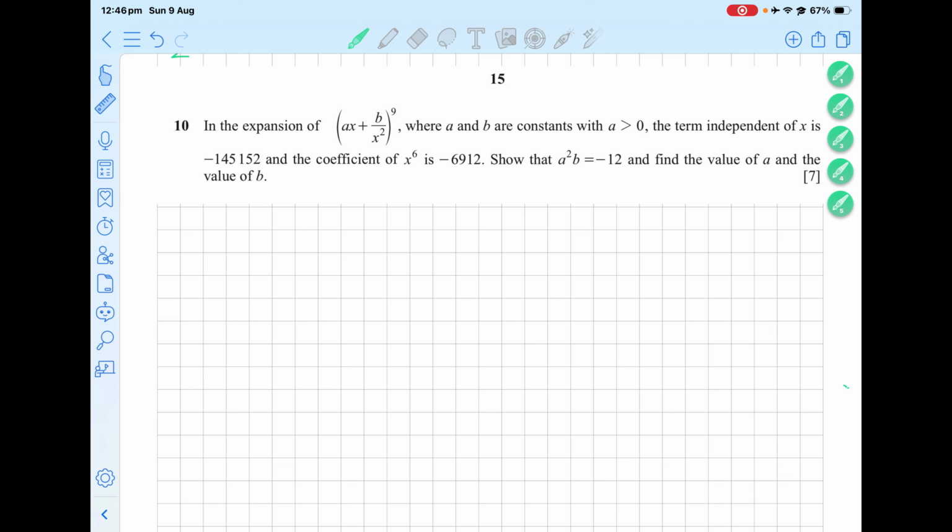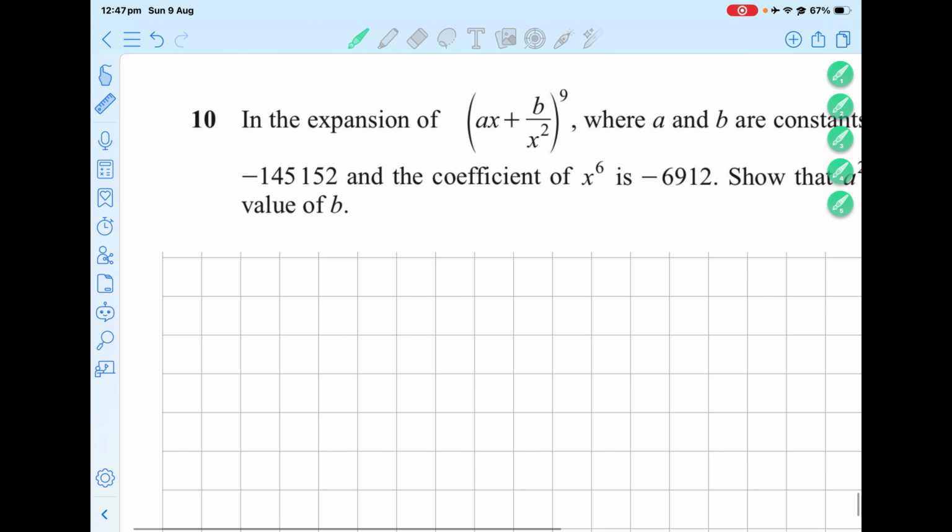So first things first, to find the term, you can make a whole table: x and x squared, 9 0, this is 8, so this is 2, 7 4 6.